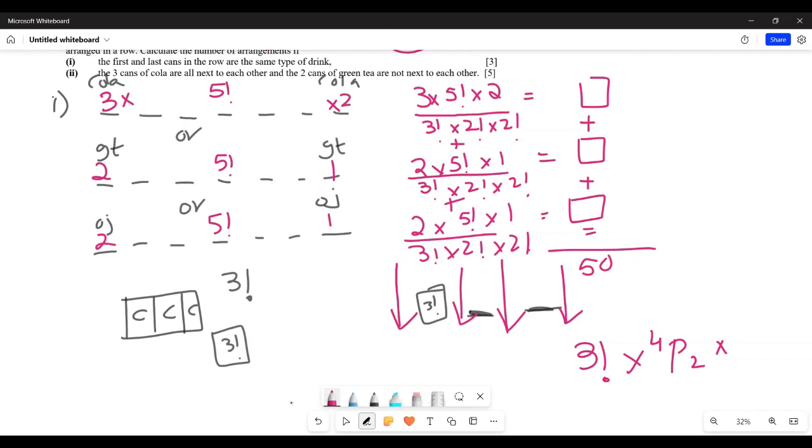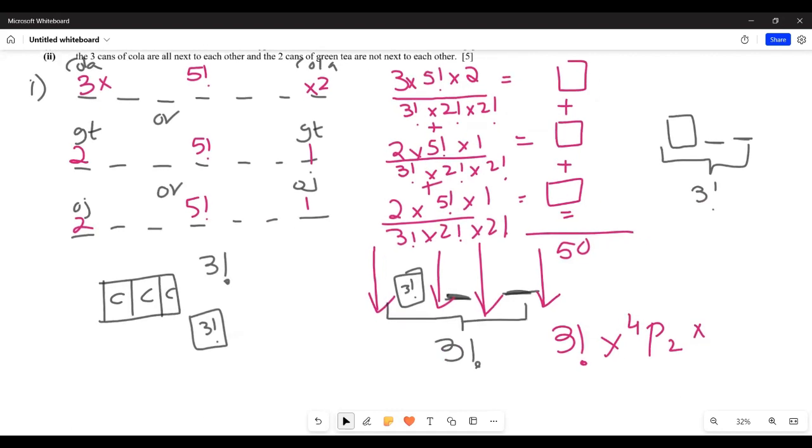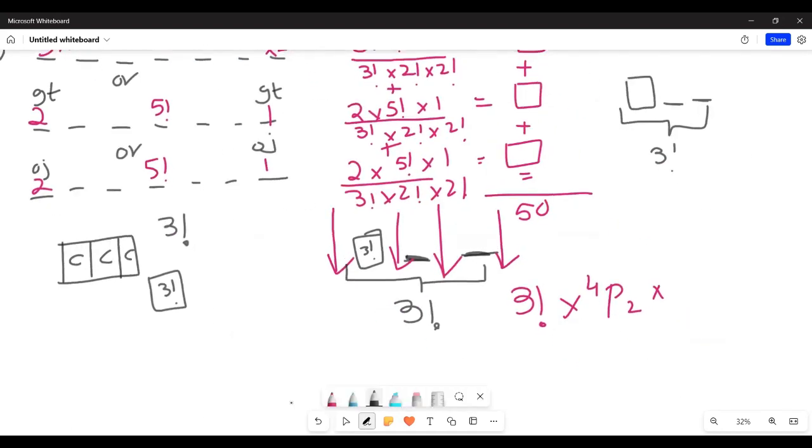And then I forgot to write the arrangements for the group and 2 more places. So that's 3 factorial. So this black part, all these three values give 3 factorial. All these three arrangements give 3 factorial. So times 3 factorial.